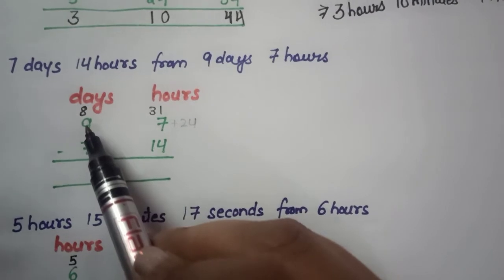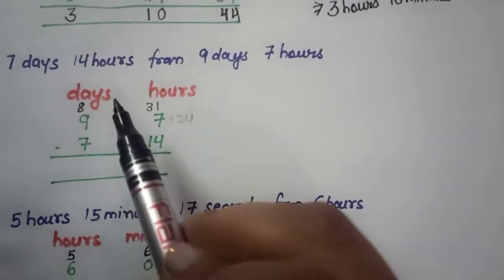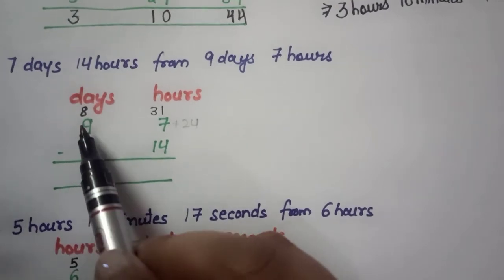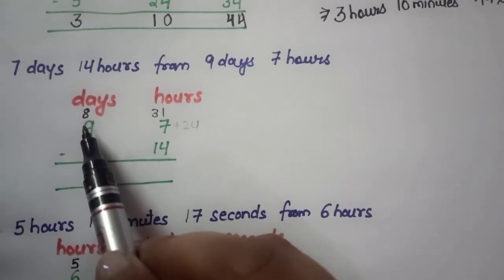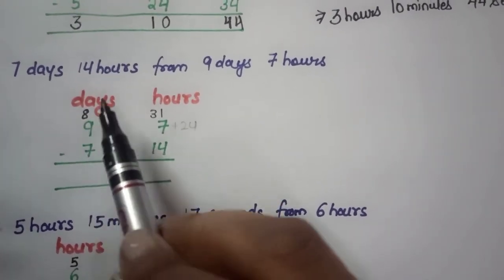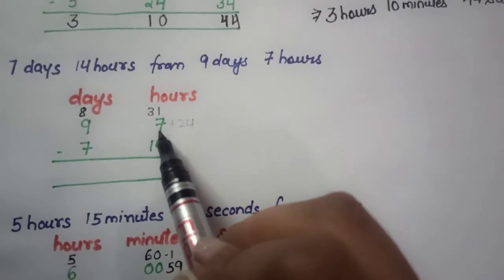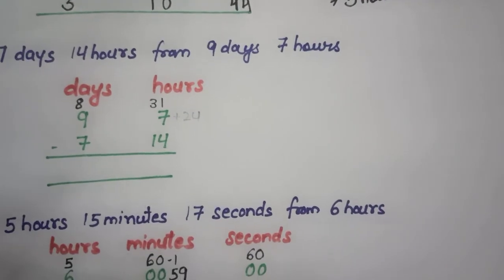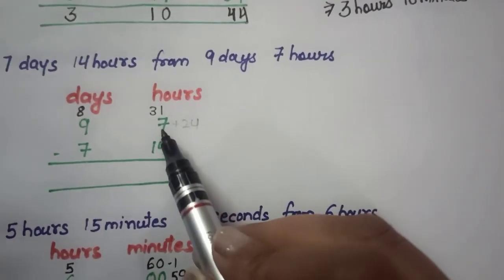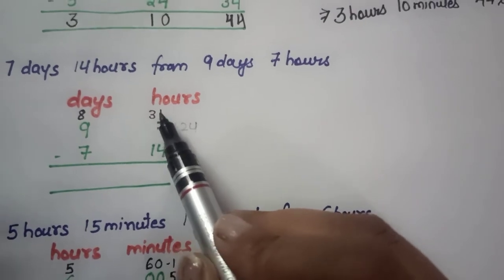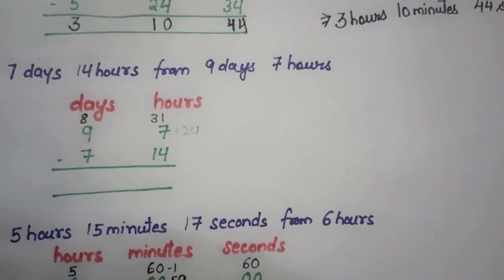So again, what I have to do is take one borrow from its neighbor. And as we all know, in one day, how many hours do we have? 24 hours. So it will give only one from its side, but when that one reaches the hours place, it will become 24. Now let us first of all add 7 and 24. Now we will get 31, right?